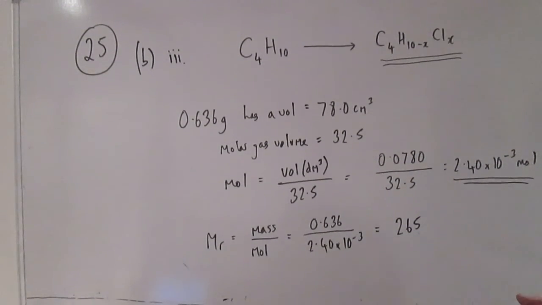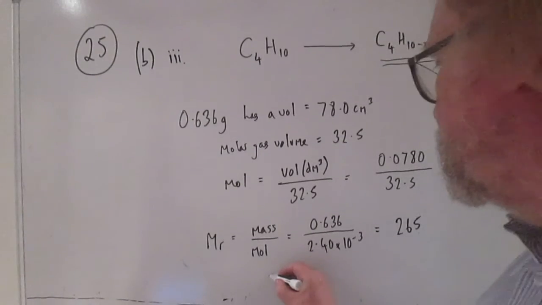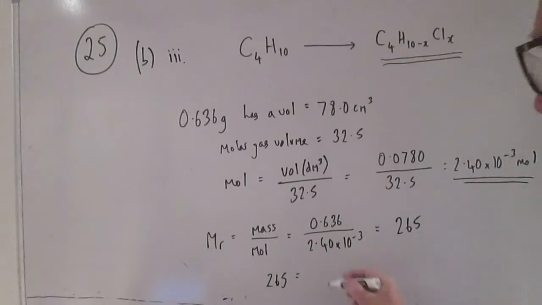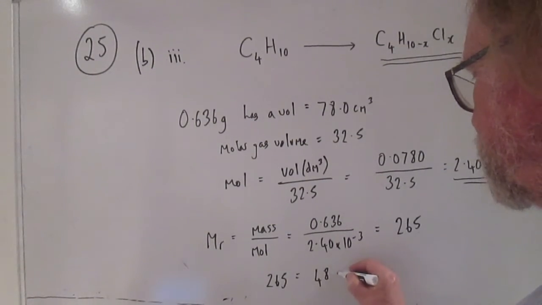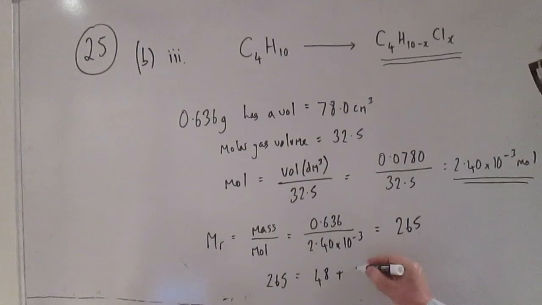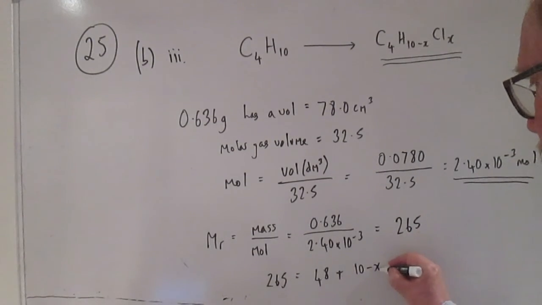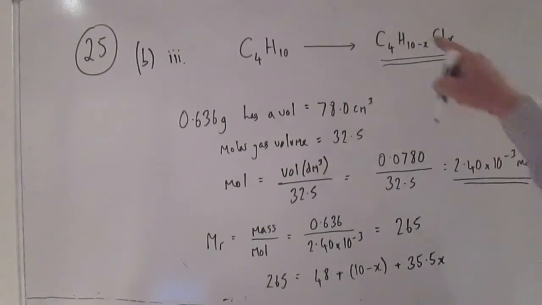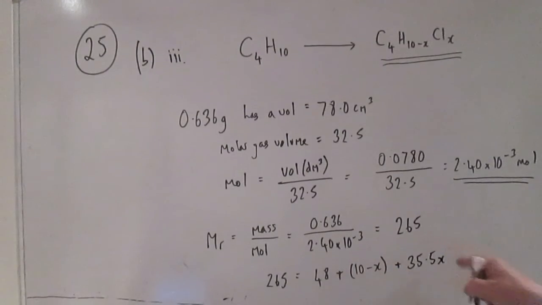But if you want to do it algebraically, you can, because you can get that the MR, 265, is equal to 4 carbons, so that's 4 lots of 12, is equal to 48, plus 10 minus X lots of hydrogen, so that's 10 minus X times 1, because the mass of a hydrogen is 1, plus X lots of chlorine, and chlorine is 35.5, plus 35.5X. Okay, so that's just adding the masses of those things together.